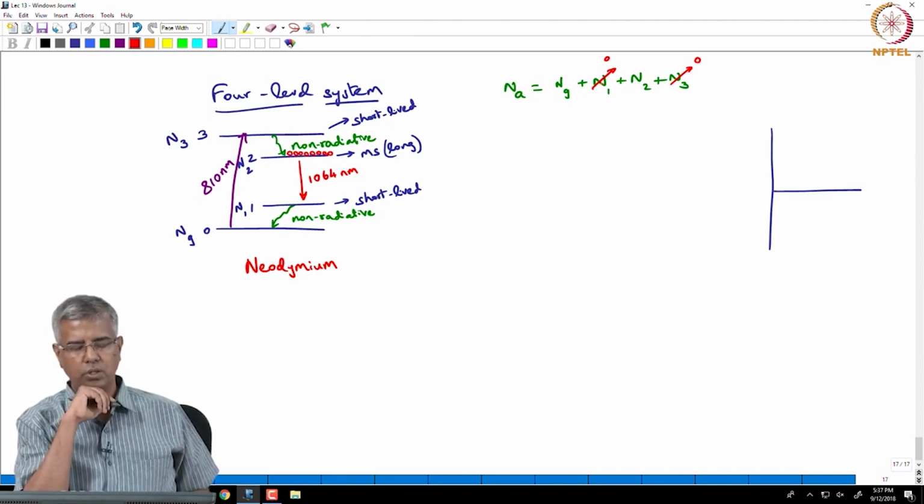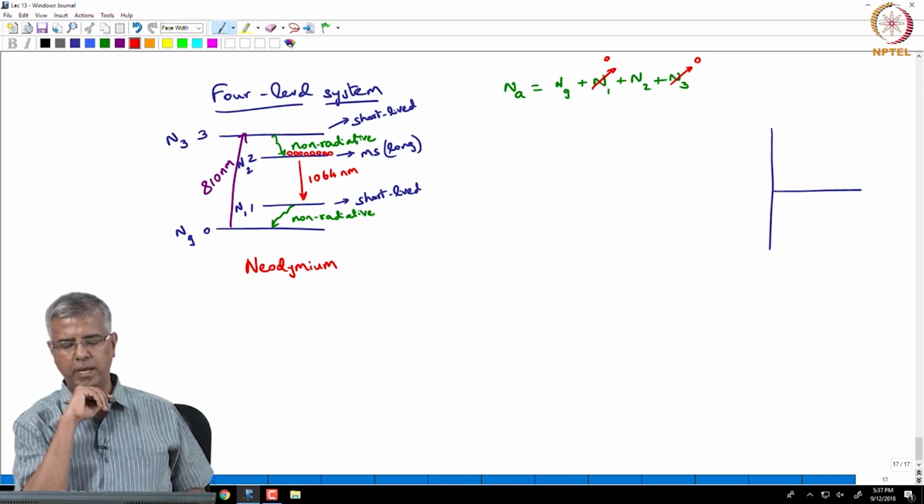So, those essentially go to 0, there is very little population there. So, N A is approximately N G plus N 2.